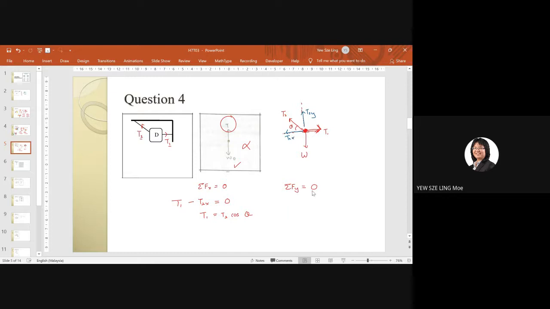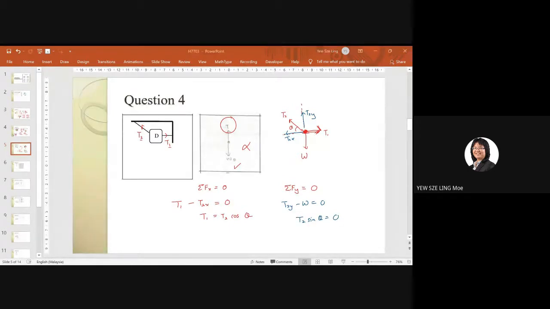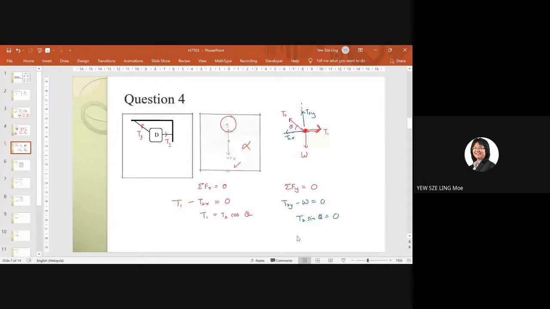Therefore, T2y minus W equals 0, so I have T2 sine theta equals W. That is how you solve equations. You sketch a free body diagram first, even though the question didn't ask you to sketch it. You need to sketch the free body diagram. Make it a habit. Make sure every question has a free body diagram.